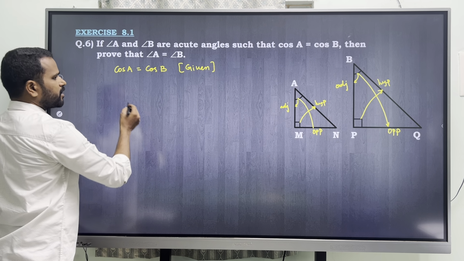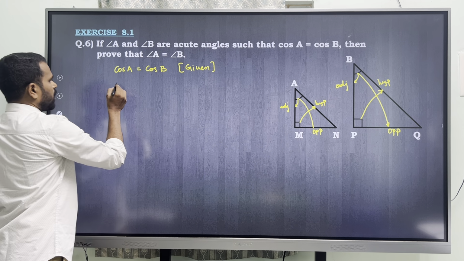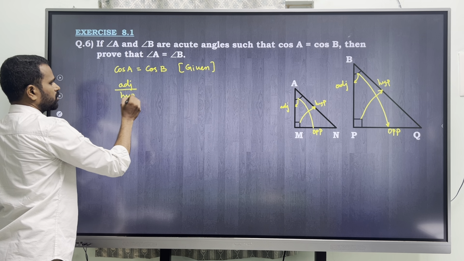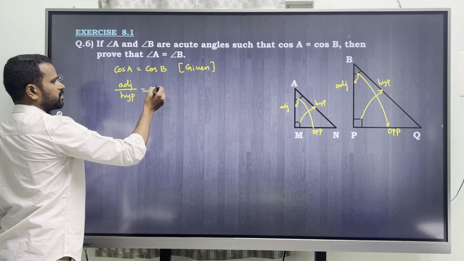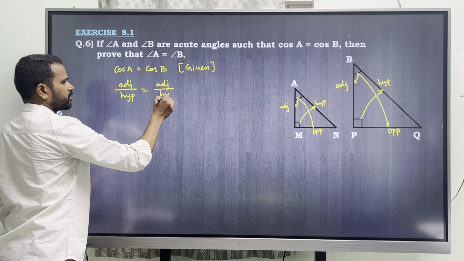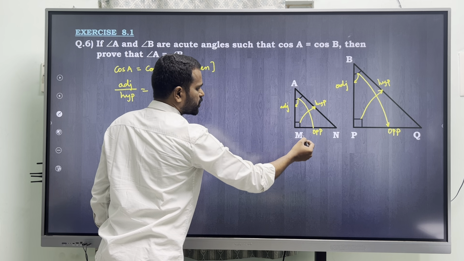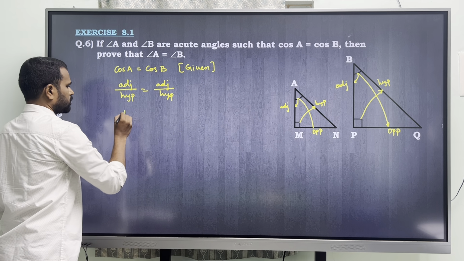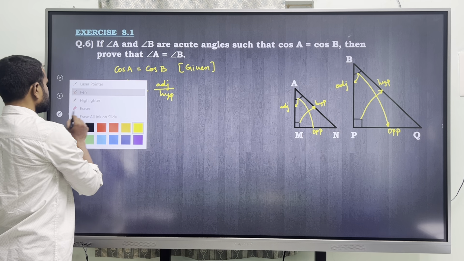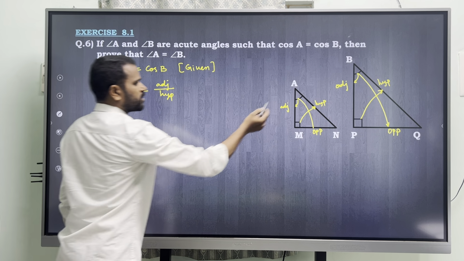Okay. Definition of cos A. Here, cos A means what? Adjacent upon hypotenuse. Here also cos of the angle is adjacent upon hypotenuse. So cos of angle A is how much? Cos means adjacent upon hypotenuse. So what is the adjacent?